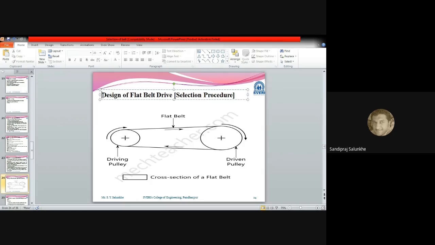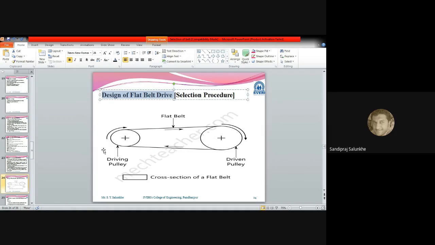Basically, you can call it the design of flat belt drive. Now, design of flat belt means whether we are going to calculate the stress, strain, and the dimensions. Because the word design includes too many parameters. Out of that, if you are talking related to our syllabus, then it includes finding out the dimensions.